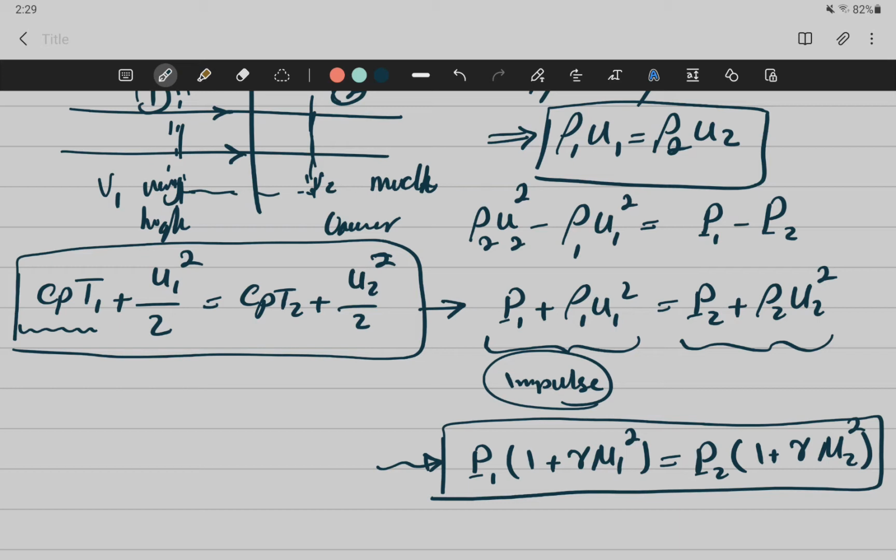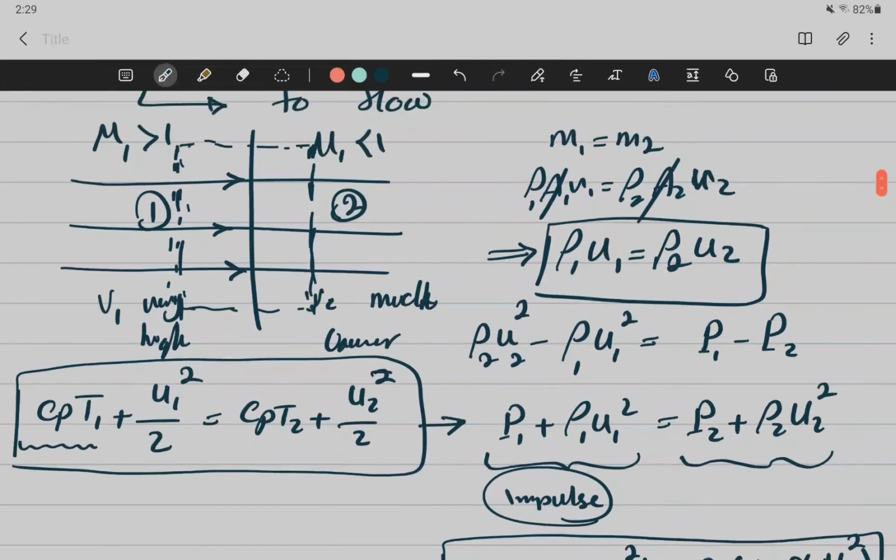And we want to use these equations to find the relationship between M1 and M2. This is M2, the Mach number after the shock wave, and the Mach number before the shock wave: the upstream Mach number and the downstream Mach number.